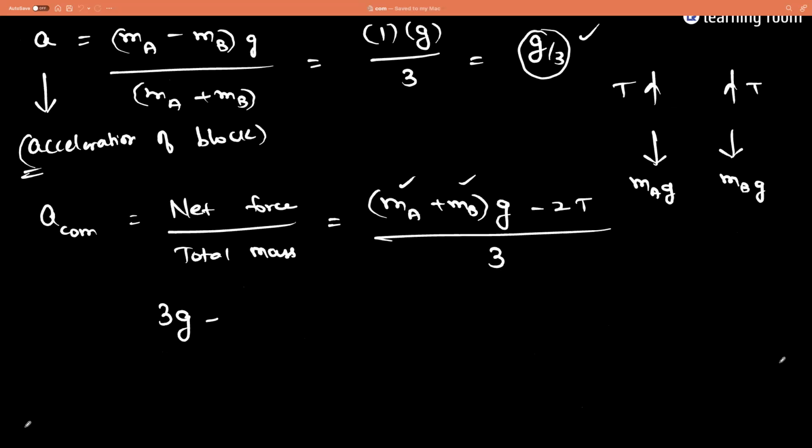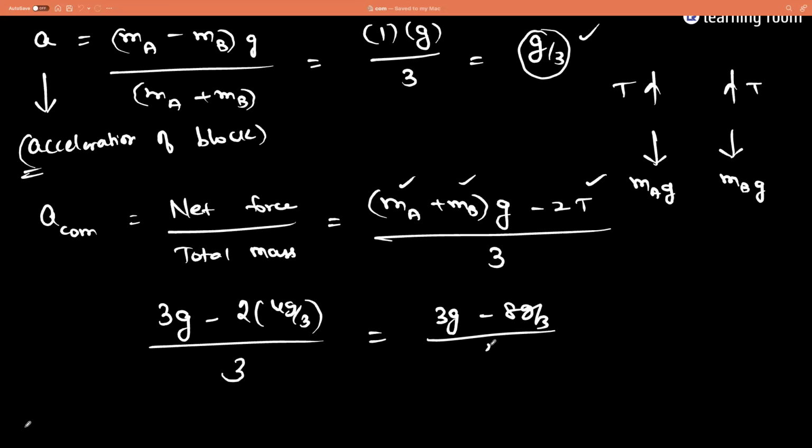So when it is 4g divided by 3, substitute it here. So 3g minus 2 into 4g divided by 3, the whole divided by 3, which is 3g minus 8g by 3, divided by 3. So 9g minus 8g is g, divided by 3 into 3, which gives us 9. So this g by 9 is going to be the acceleration of the center of mass. Okay.